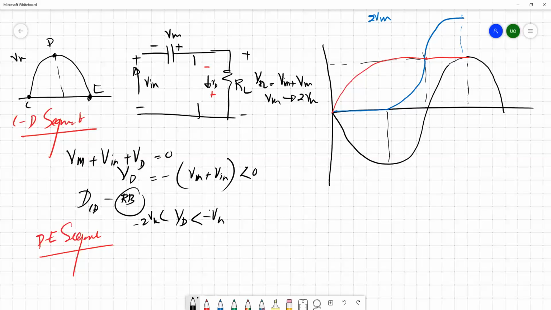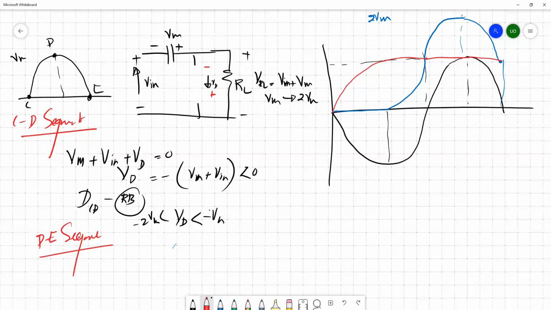And the voltage across the load would be like V in is initially Vm, so then it's at 2 Vm. Once it moves to 0, then it's back to Vm. So this is back to Vm. Capacitor voltage remains as it is.